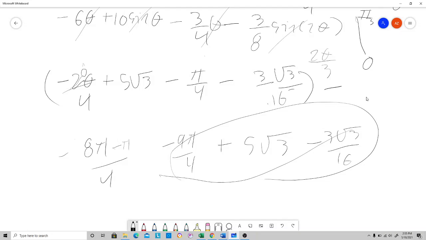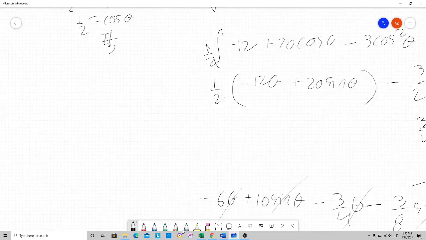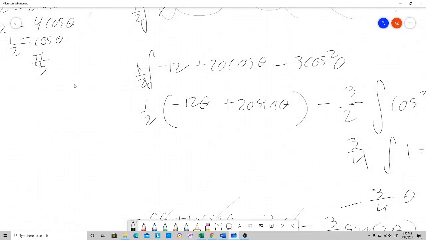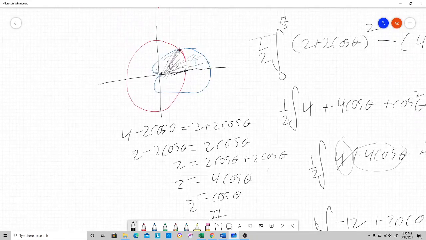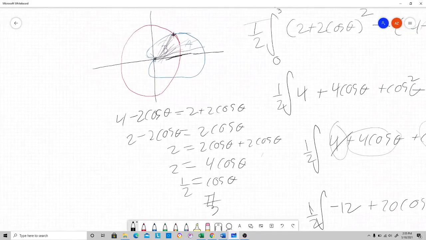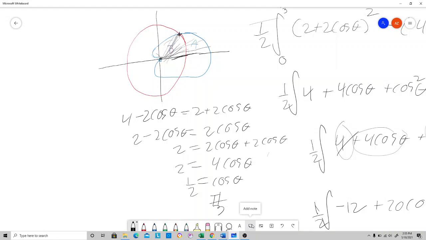We're gonna get a number that's about 1.267, and that should be the area in that region, in region A. So honestly, the hardest part to this is doing the integral, but that just comes with practice.